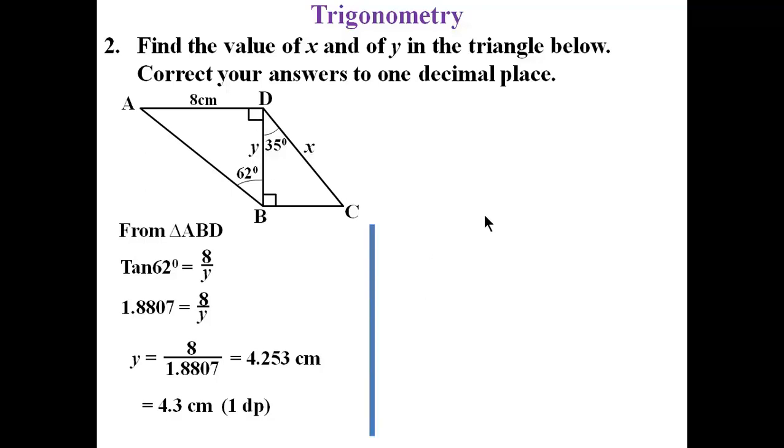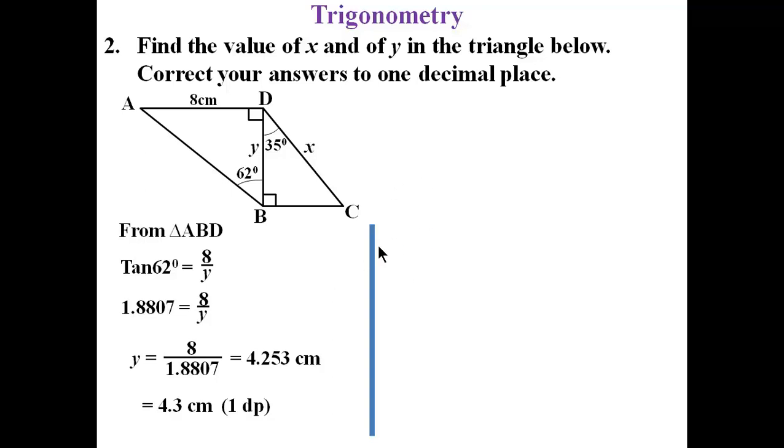To do that, we still have this one as the adjacent, and x is the hypotenuse. So we are combining adjacent and hypotenuse. Combining adjacent and hypotenuse, we shall use the trigonometrical ratio cosine, which combines adjacent and hypotenuse.